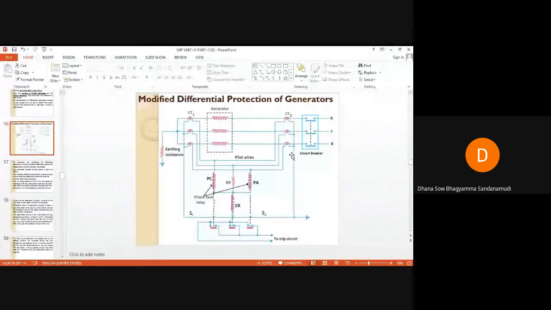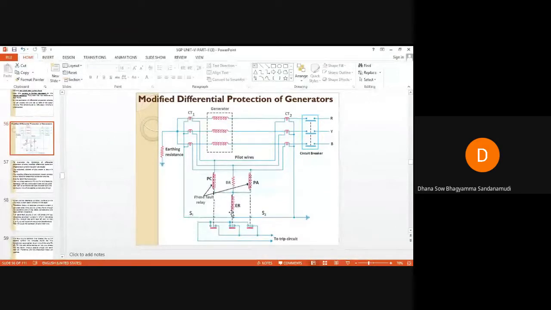The secondaries of the CTs are connected in star, and their neutral point is grounded via the S1 and S2 pilot wires, and the other ends are connected through pilot wires and relays. There are two phase fault relays, one earth fault relay, and one balancing resistor in this case.